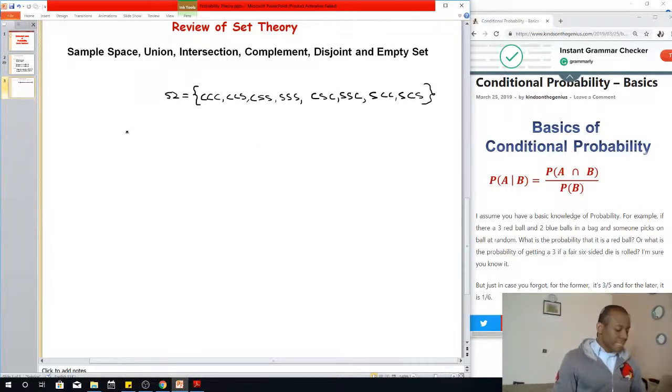So now let's say that A is equal to SSS, SCS, SCC, and SSC.